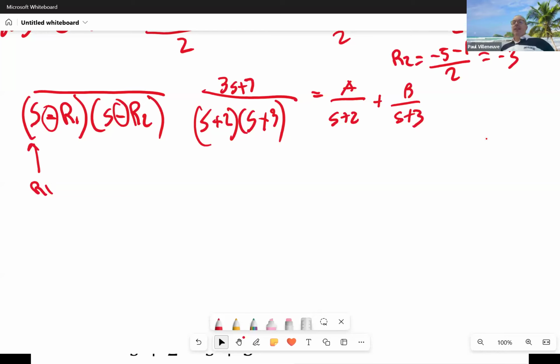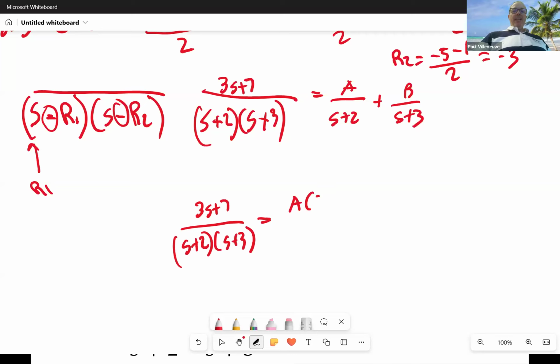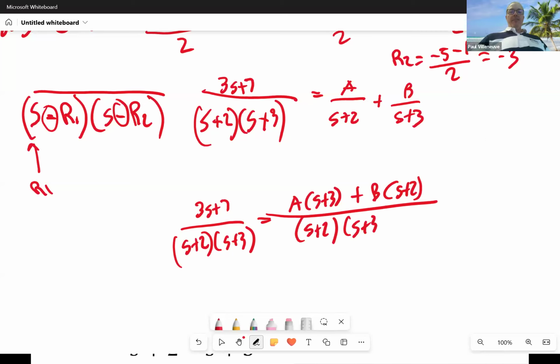Now, here's what you would have probably done in the past. Tell me if I'm wrong. All I'm going to do is on the right-hand side, put it back under the same denominator, S plus 2 times S plus 3. So 3S plus 7 over S plus 2 times S plus 3 is going to be equal to A times S plus 3 plus B times S plus 2, all over S plus 2 times S plus 3.